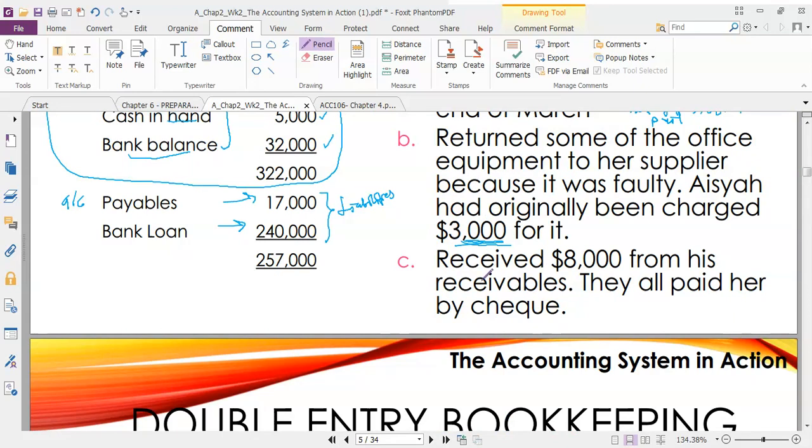It means there is an account receivable, the customer who owed Aisyah before, who paid the debt to Aisyah. Do you remember who the receivable is, as I said earlier? Account receivable is the customer who owes the business. So they owe Aisyah. Aisyah is the owner of the business, right? So the customer owes the owner.